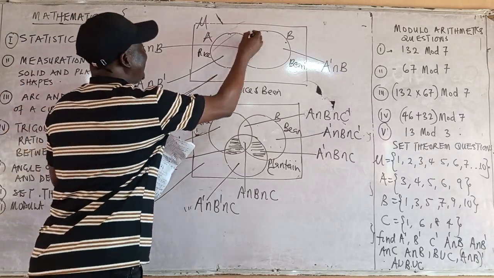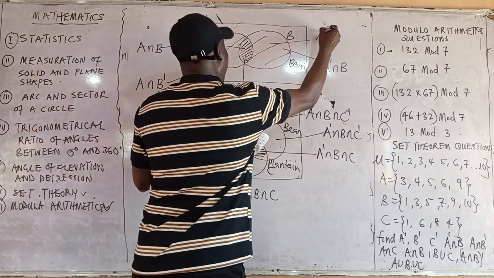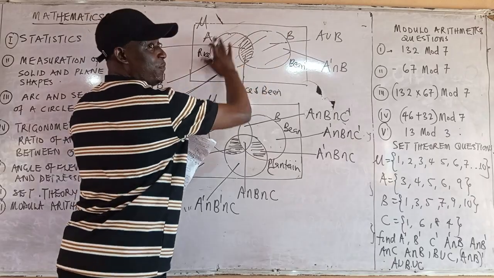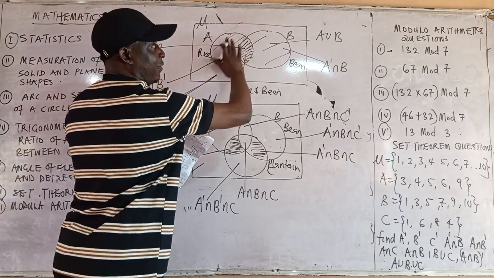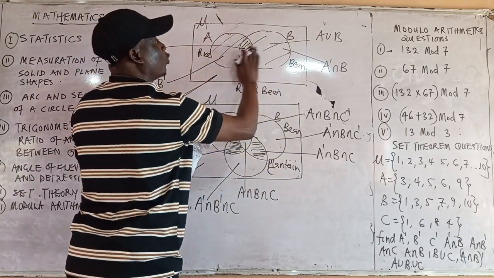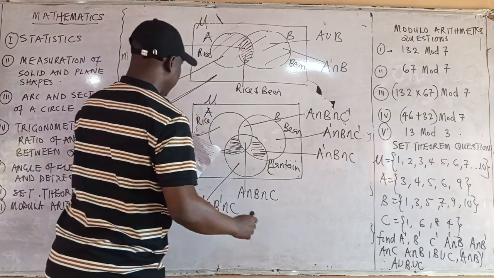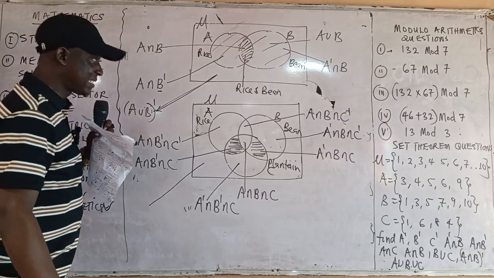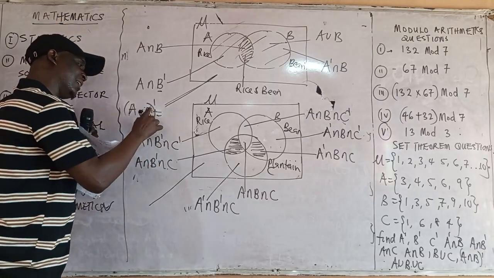Don't forget, everything here is A union B. Do you agree? Yes. Everything inside it, look at what I'm saying, is A union B. So anyone that is not here now, what will that be? That means A union what? B or what? Excellent.